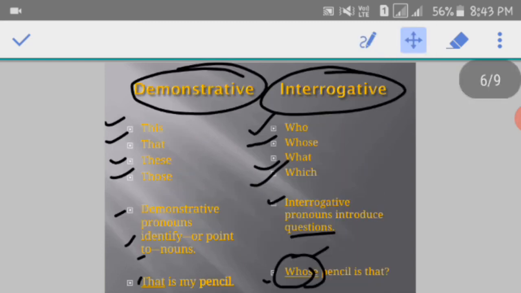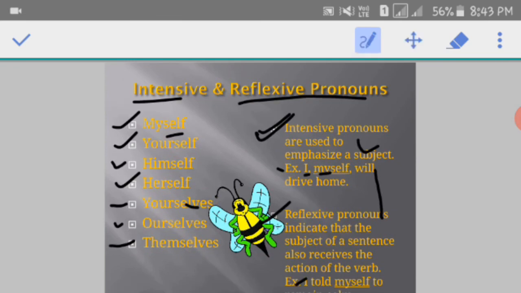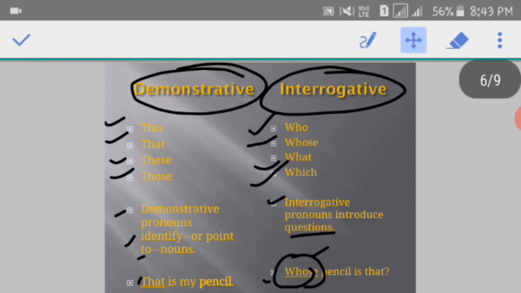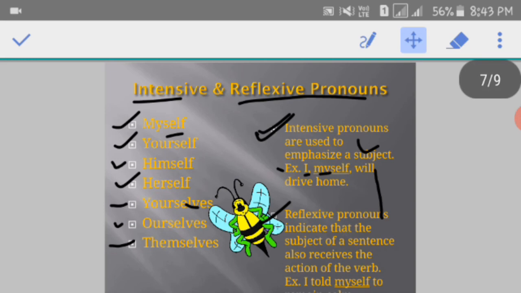Second one is the reflexive pronoun. Reflexive pronouns, same words, indicate that the subject of a sentence also receives the action of the verb. Like, "I told myself to do this."